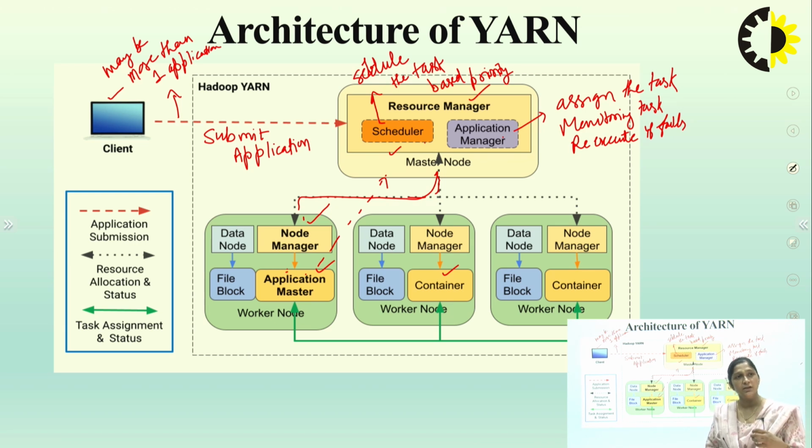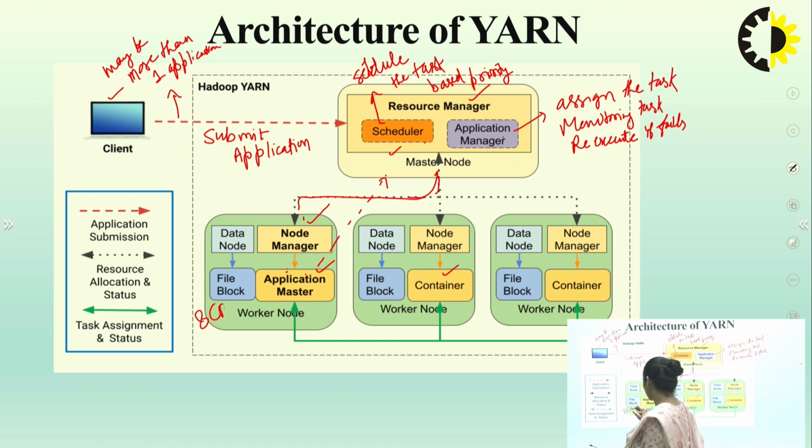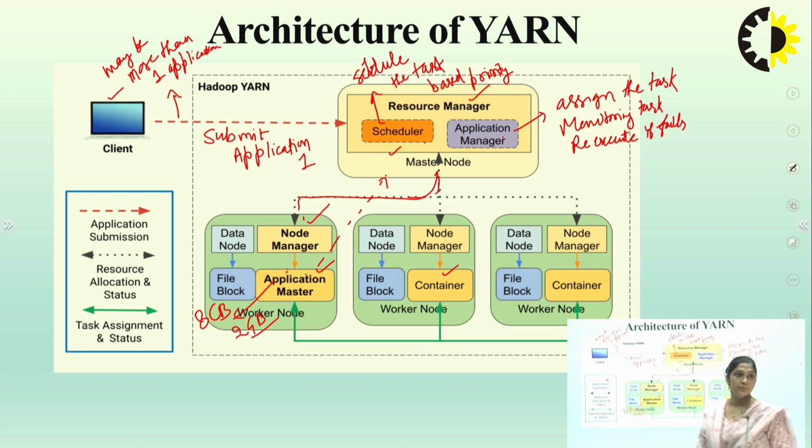For that memory, the application master will request the resource manager. The resource manager instructs the node manager to assign that memory. Suppose memory size is 8 GB, and this application master requires only 2 GB to execute application 1. In that case, the application master requests the resource manager and it will instruct the node manager to assign this memory to the application master.